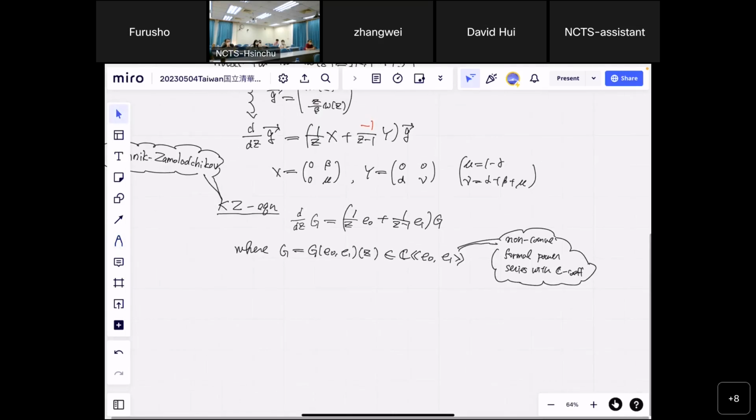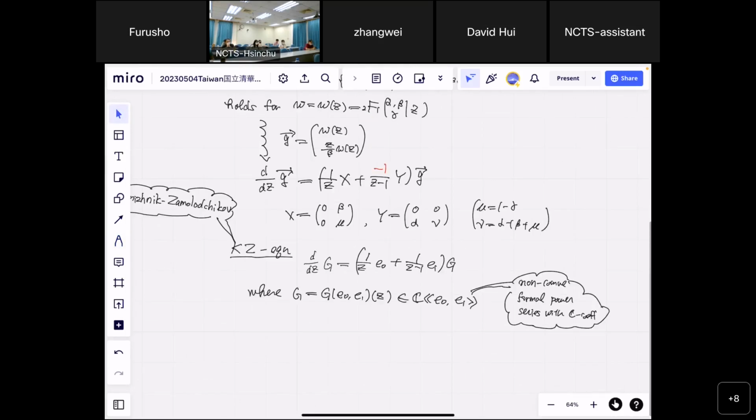This is the simplest case of the KZ equation, which is studied in conformal field theory.